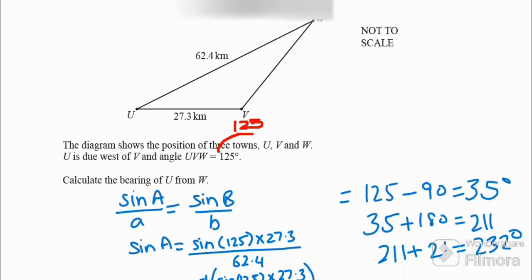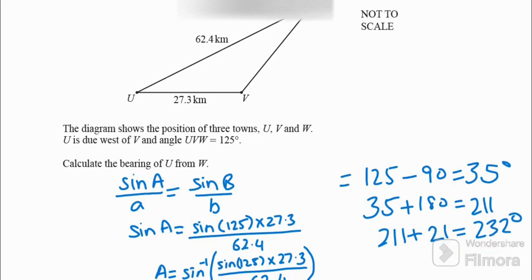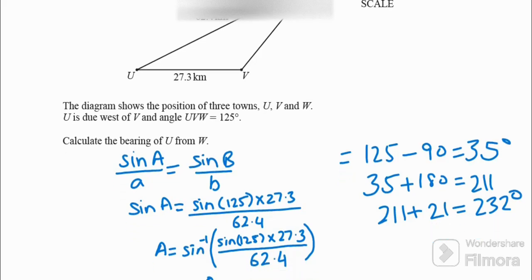Over here we will rearrange the formula and write sine A is equal to sine 125 multiplied by 27.3 divided by 62.4, and then we will move sine from A to the right side.